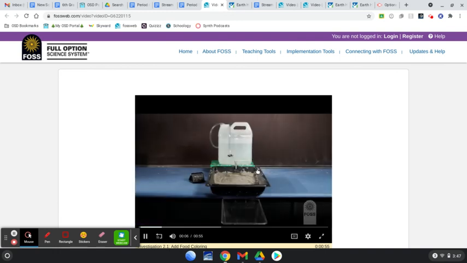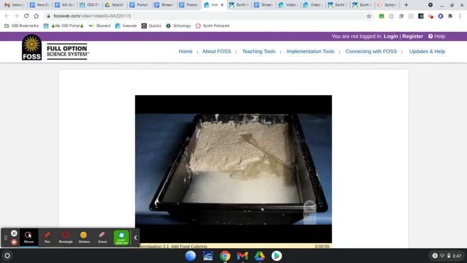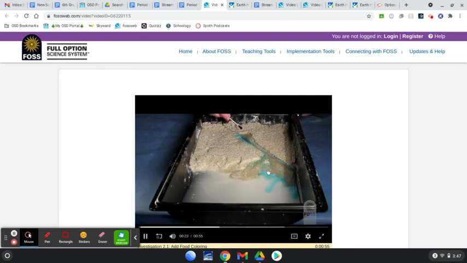Where is it slow? Where is it fast? Where are the small sediments? Where are the large sediments? And the landforms that I see obviously are a river, a canyon, a delta.